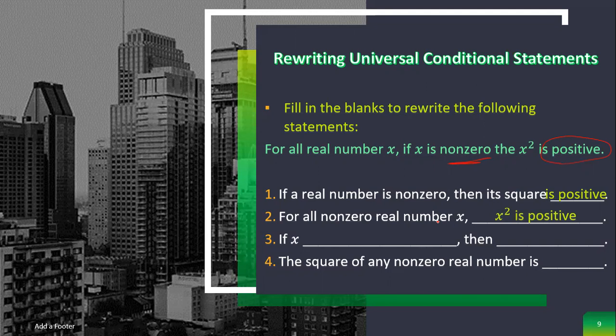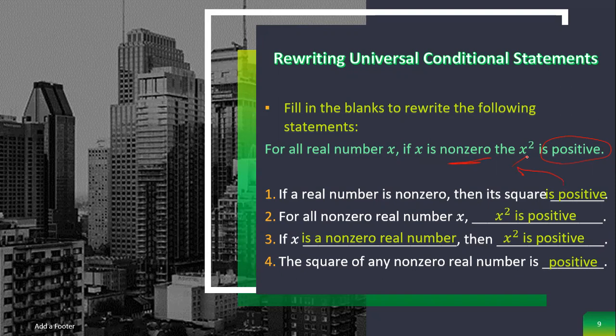Next, number 3: if x is a non-zero real number, then x squared is positive. Lastly, the square of any non-zero real number is positive. So take note that all your answers come from the original statement. The same thought. You just have to fill in the blanks.